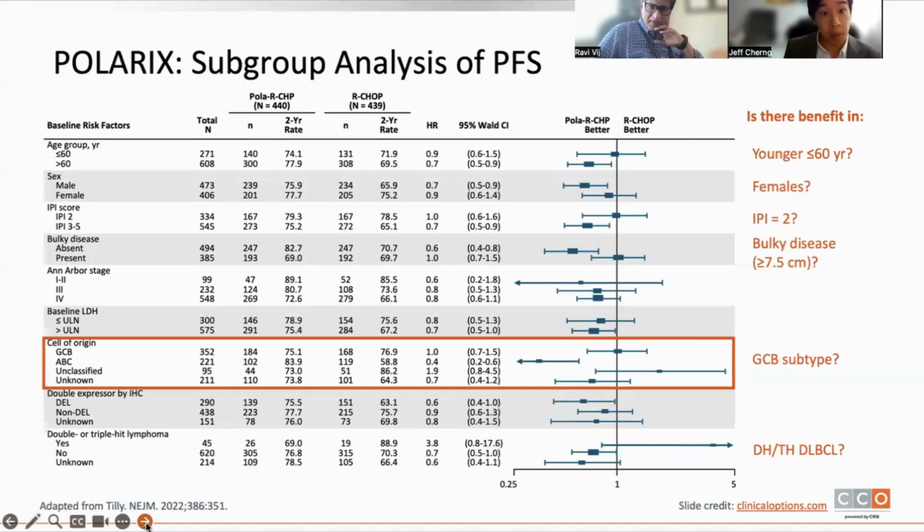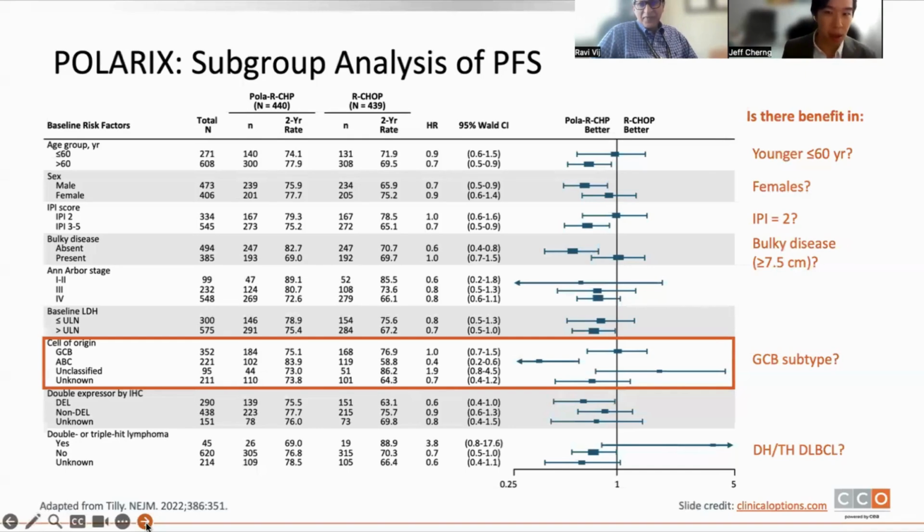For patients with GCB subtype by cell of origin that do not have double hit or triple hit lymphoma, I am still considering Pola-R-CHP for patients with a higher IPI because I do think there may be some preferential activity in higher risk patients there. For a patient with an IPI of 2 and a GCB subtype, I am still considering R-CHOP for some of these patients.